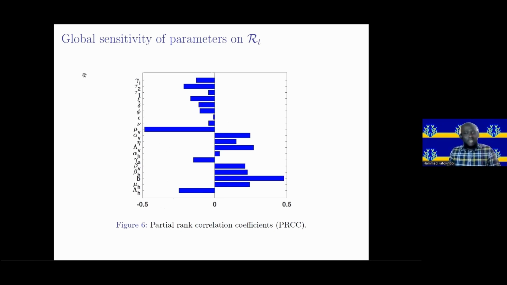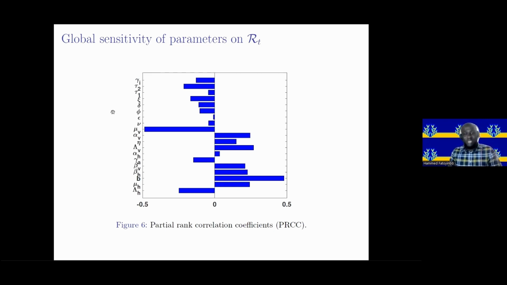Another one is the partial rank correlation coefficient. This is also a sensitivity analysis, but it is based on a statistical algorithm, the Monte Carlo algorithm.